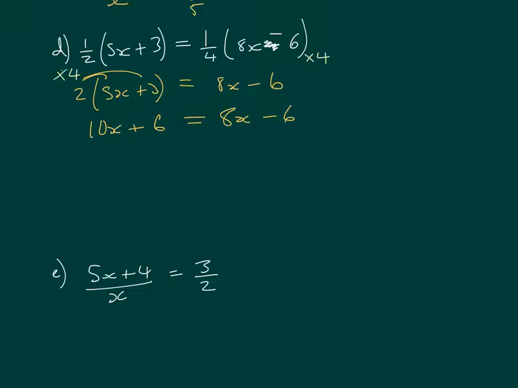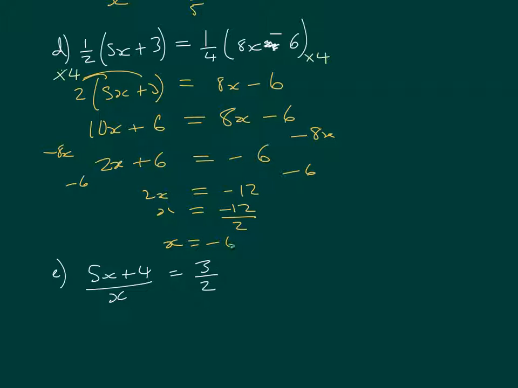And then rearranging to get x on one side, I'm going to subtract 8x from both sides, which will leave us with 2x plus 6 on this side and minus 6 on this side. And then subtract 6 to get rid of this one here, which will leave us with 2x equals minus 12. So x is going to be minus 12 over 2, so x is minus 6.